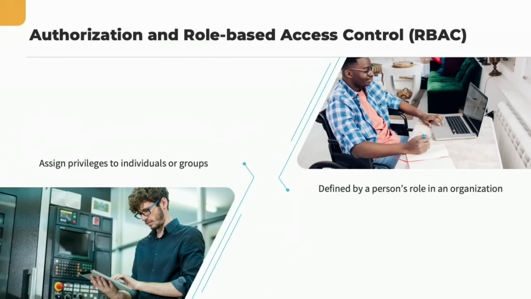However, someone who is a human resources coordinator would be able to access the payroll database and view and modify personal information of the employees. So again, it's your role within the organization that determines what you can do.